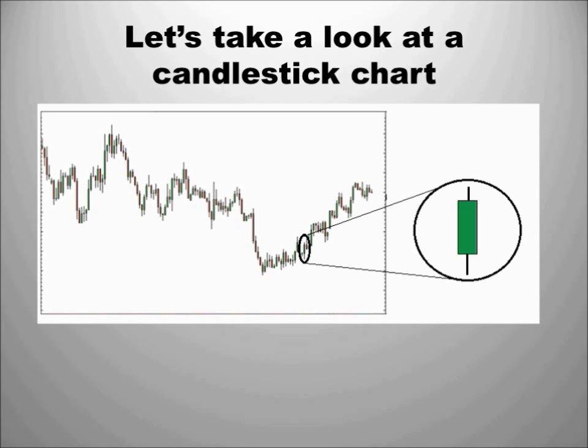However, the sellers, the bears, came into this market to push the prices down. But there was some resistance from the bulls, and the bulls raised the price. So this long candle tells us that there was a lot of volatility during this session, and there were many conflicts between the bulls and the bears.